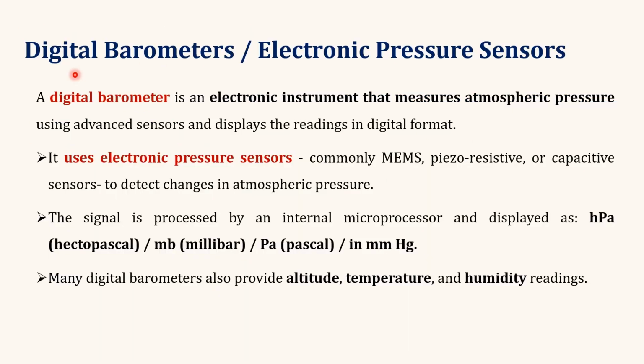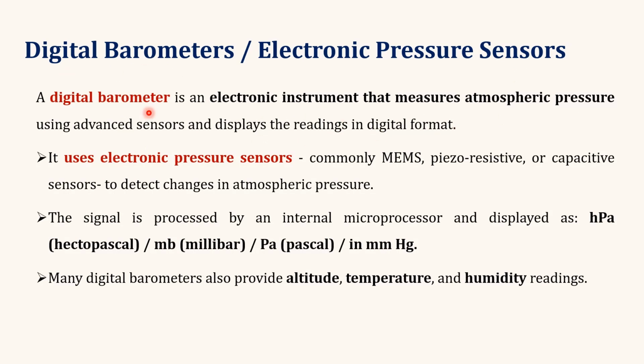Next, we have digital barometers, which are also referred to as electronic pressure sensors. A digital barometer is an electronic instrument that measures atmospheric pressure using advanced sensors and displays the readings in a digital format.